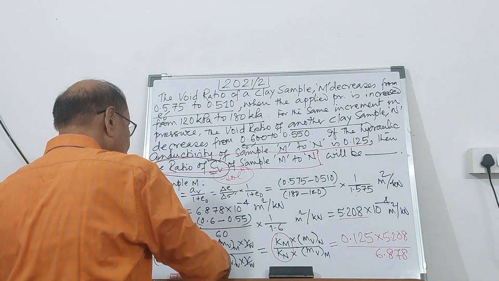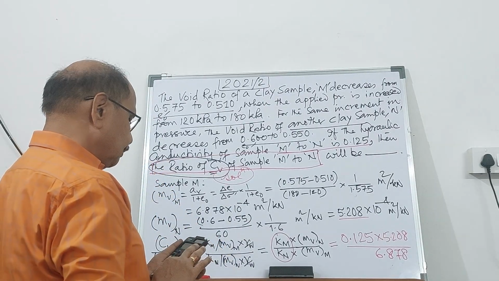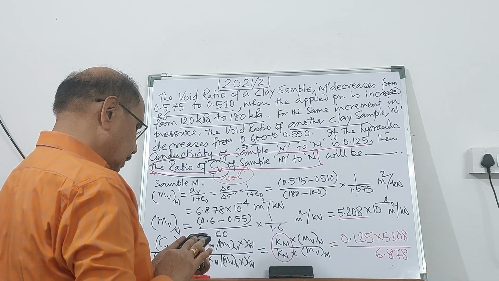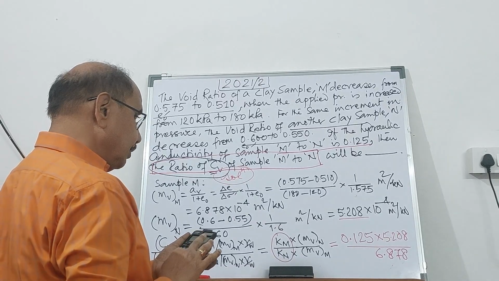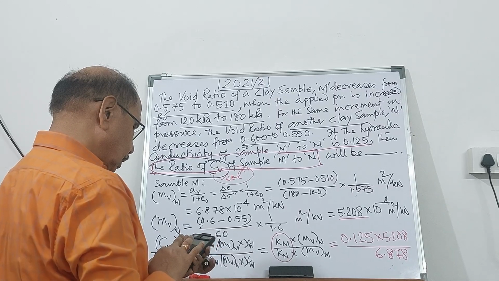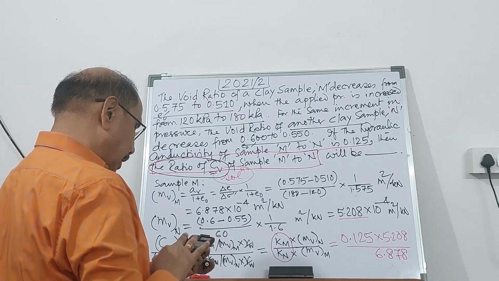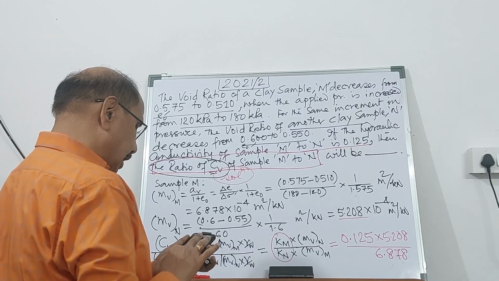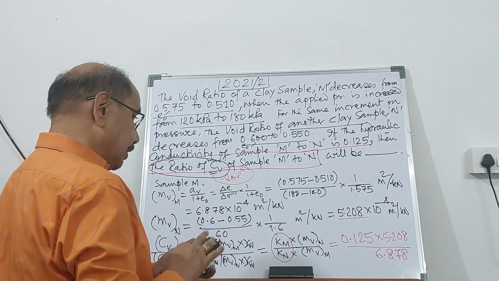So let us have our calculator: 0.125 multiplied by 5.208 divided by 6.878.